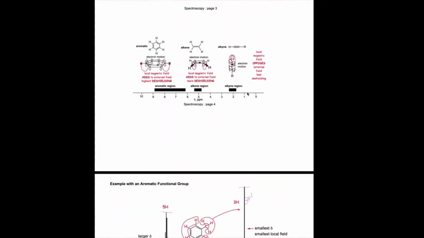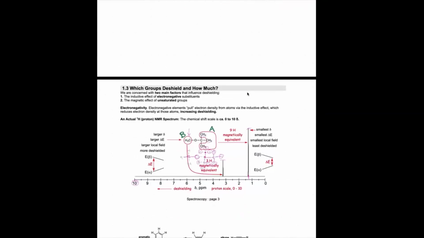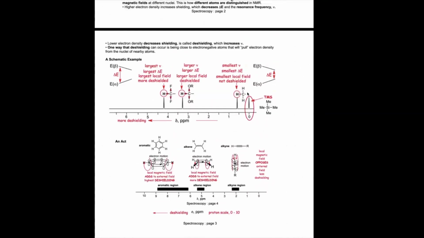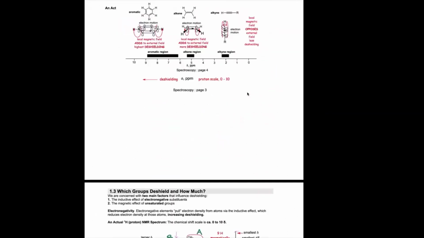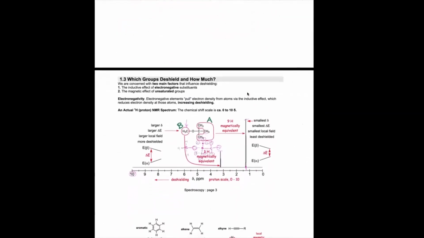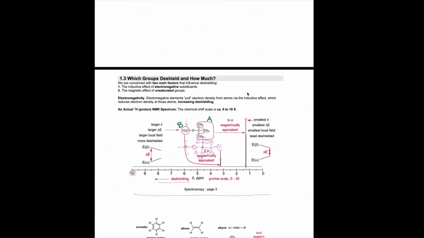Let me see, I'm trying to remember, because maybe it was the splitting one. The further along the scale this way, as you can see here, the more de-shielded it is.